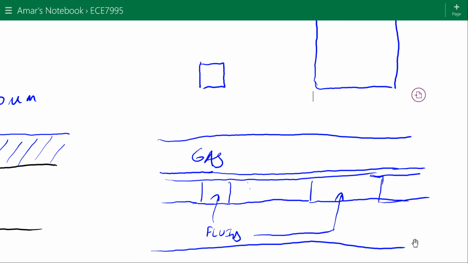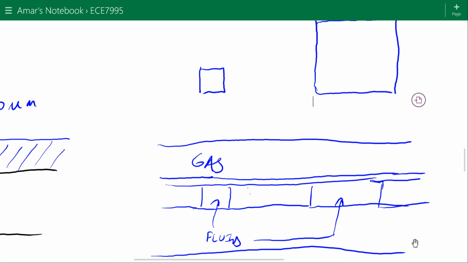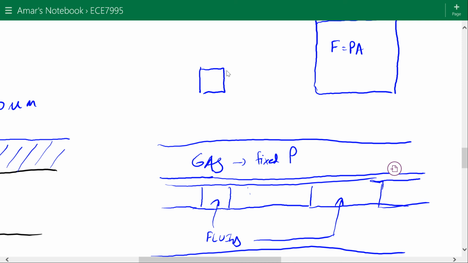Because the total force on the membrane is equal to the pressure times the area. This gas is coming in at a fixed pressure. In the large valve, the force is equal to the pressure times the area. This is a small area. This is a larger area. So the total force on the membrane is going to be larger the larger the valve region is.